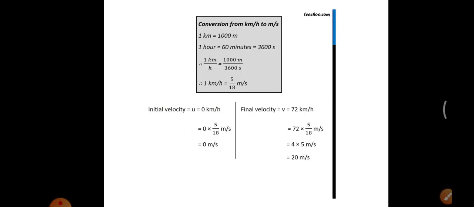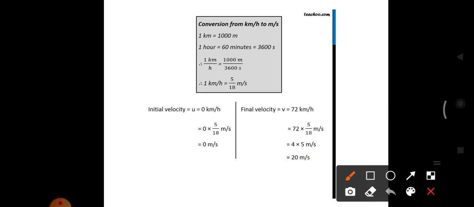So conversion from kilometer per hour to meter per second, we know that 1 kilometer equal to 1000 meter, 1 hour equal to 60 minute, 60 minute equal to 3600 second. So 1 kilometer per hour, instead of 1 kilometer we can write 1000 meter, 1 hour equal to 3600 second.